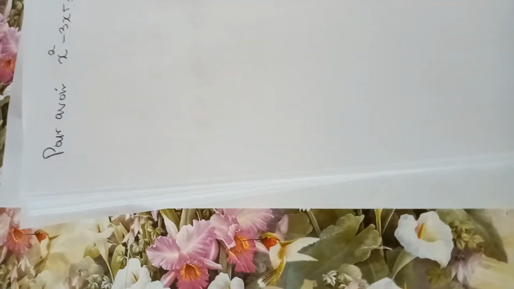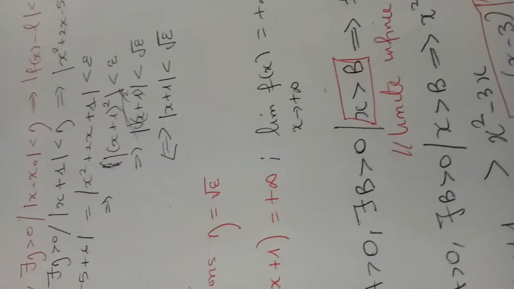So I'll write what I said. I said pour avoir x raised to the power of 2 minus 3x plus 1 greater than a, il suffit d'avoir x au carré moins 3x plus grand que a, like what we've done. And if you come back, you notice what happened here.